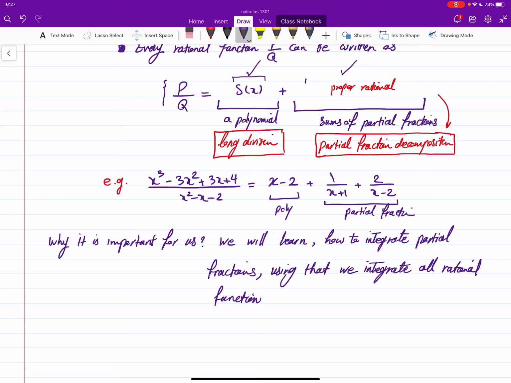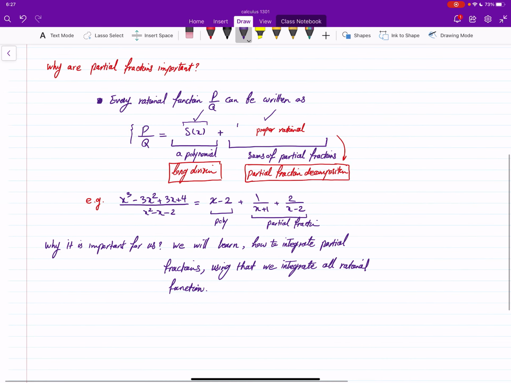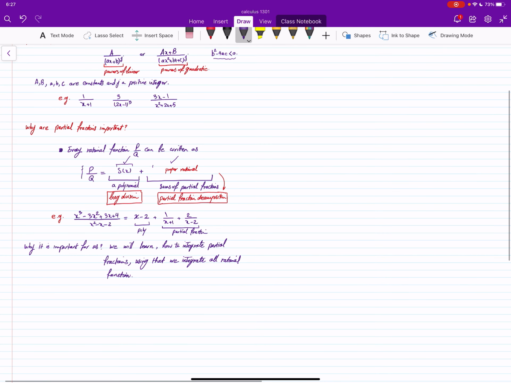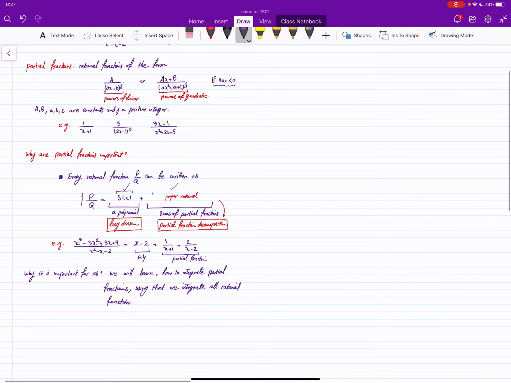And isn't this the goal of 1301, the chapter Techniques of Integration? That's why it's important, and in the next videos you will see how we do the decomposition, how we integrate partial fractions, and so on.